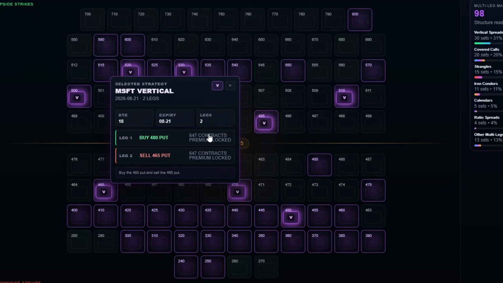Today, because we're using a stricter algorithm, it's not showing as many positions as we did last time. It's certainly picking out some of the bigger, stronger positions. This is a bearish position right here, betting that the stock will go below 480 within the next few weeks.